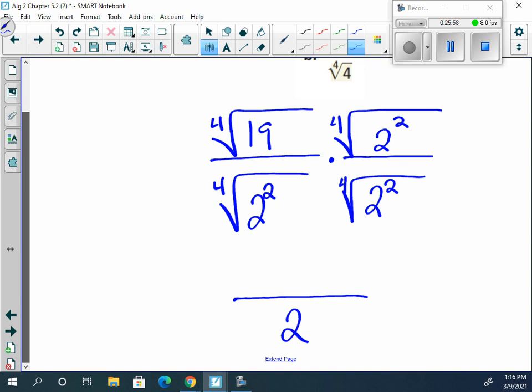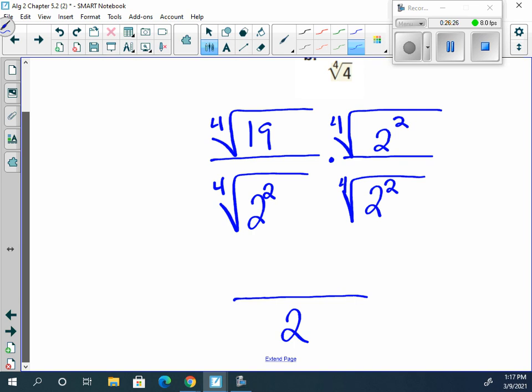Is 19 prime? Well, 2 won't divide into it, will it? Well, 3? No, because 1 plus 9 is 10. 4 doesn't go into it. 5, okay, well, that's prime, yes? And the reason I point that out is because the only way that we will get something to come out of the numerators is if there are like factors in both.